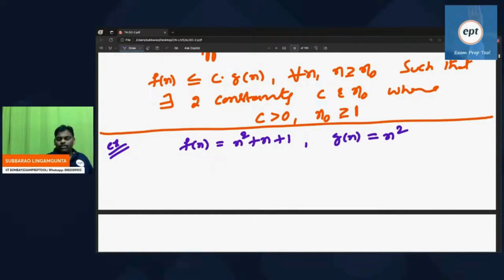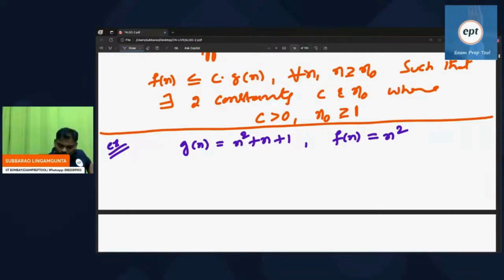Otherwise, let me say the reverse first. g of n is equal to n square plus n plus 1, and f of n is equal to n square.